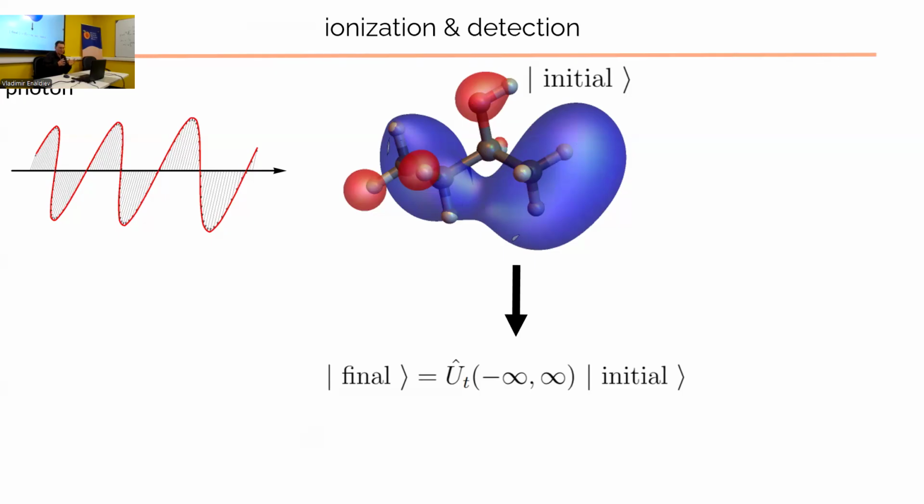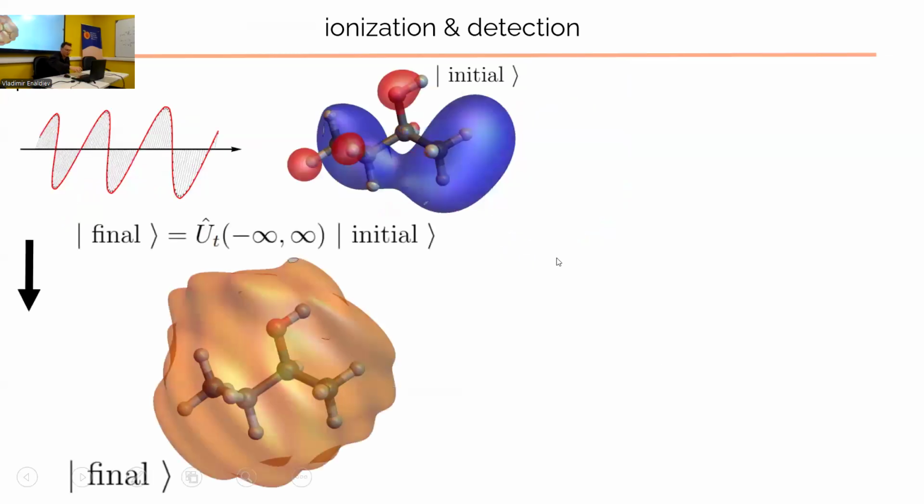At past infinity, this electron is in the initial state. And when this electron interacts with an external field, for example a photon, its state starts to change. As we know, we have some initial state, the evolution operator acts from past infinity to future infinity, and we get the final state of this electron.